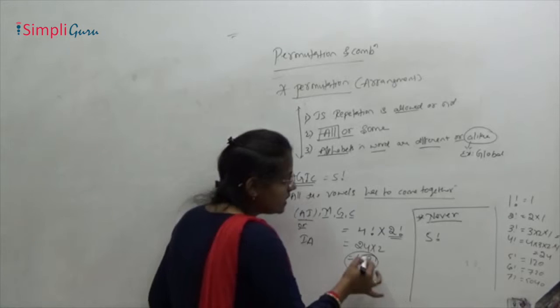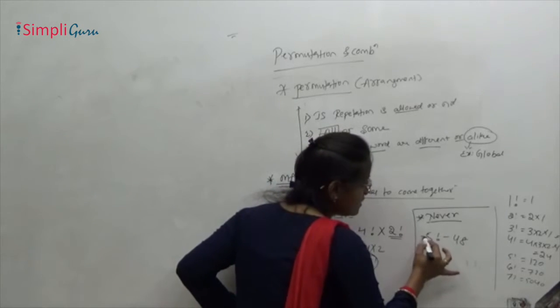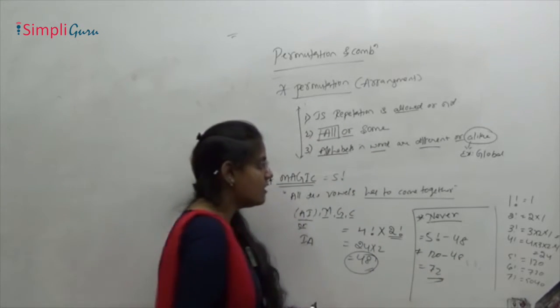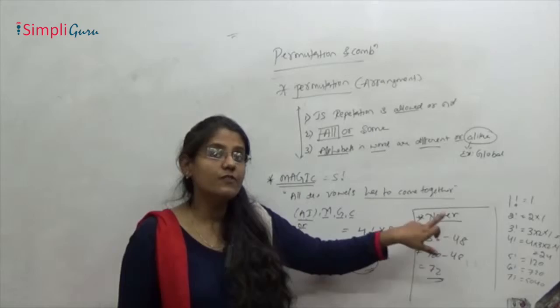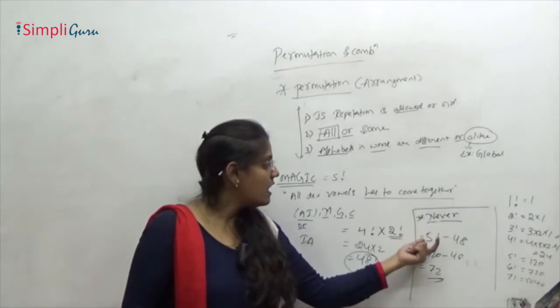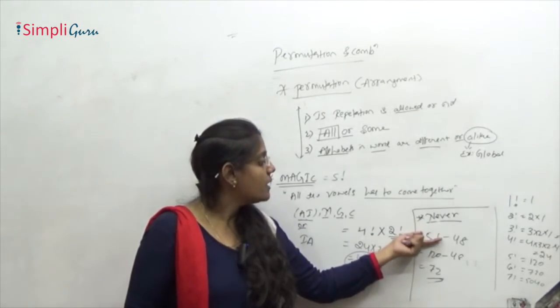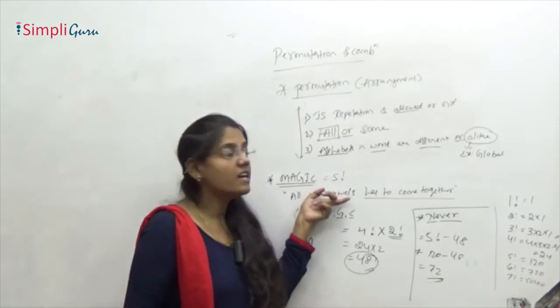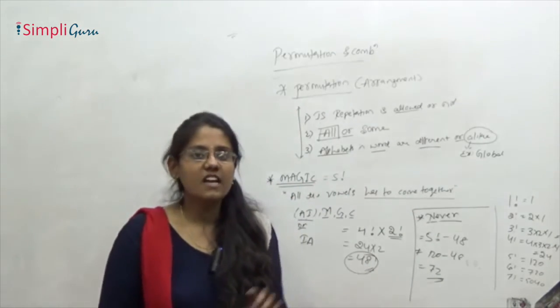It is 48. So do the subtraction. It is 120 minus 48. That will be 72, which will be your answer, in which the vowels should not come together. If they are asking the never case, it is the total number minus the ways in which the vowels are coming together.